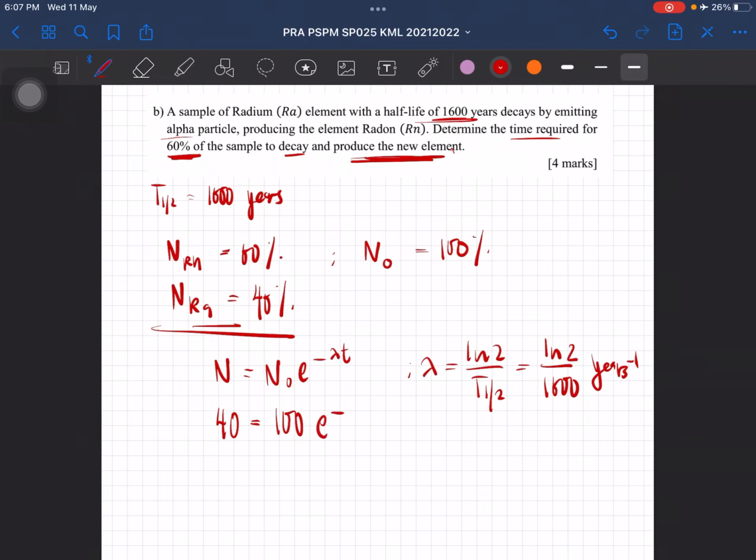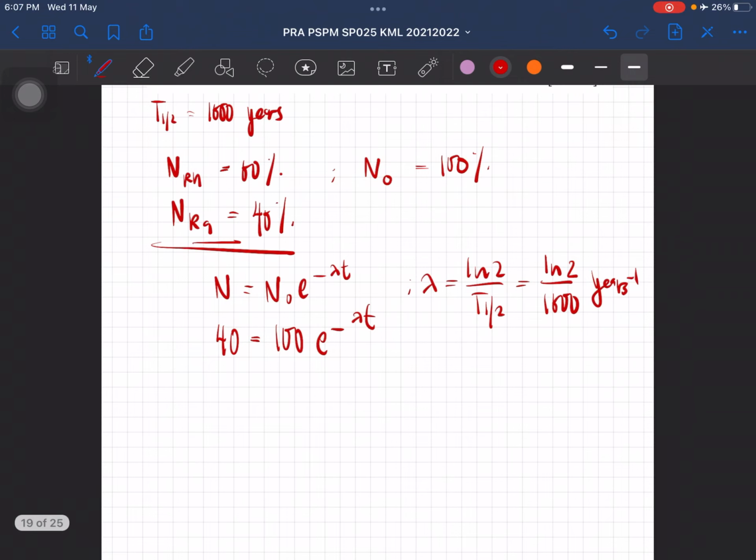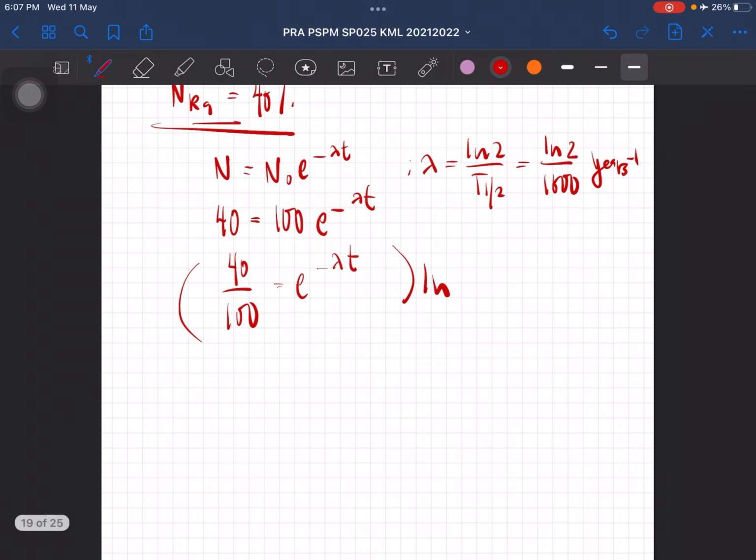So e negative lambda t. So 40 divided by 100 equals e negative lambda t, and then you take ln on both sides. So you are left with ln of 40 over 100. And then this one, ln e is equal to 1.